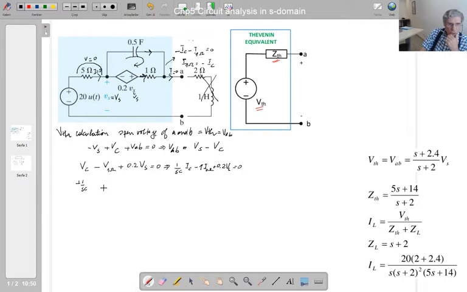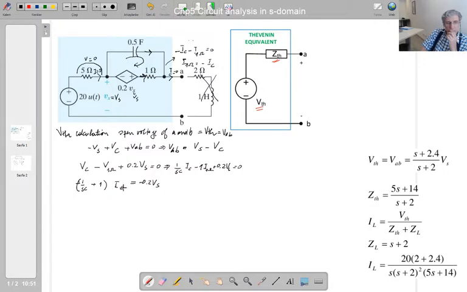So this is what I have done. I am going to do it here. So I was going to plus 1 ohm IC is equal to 0.2 Vs minus, if I put it on the right hand side.